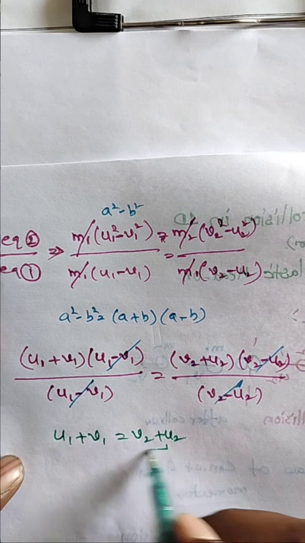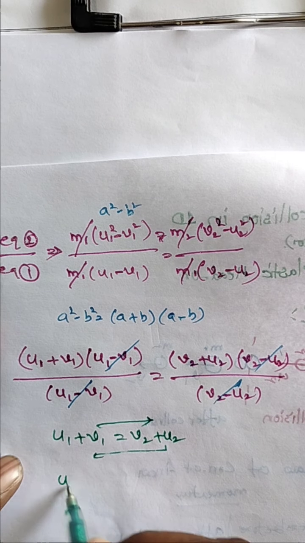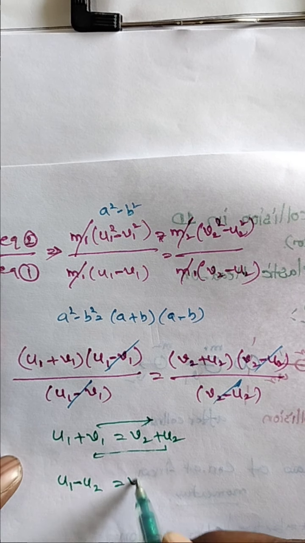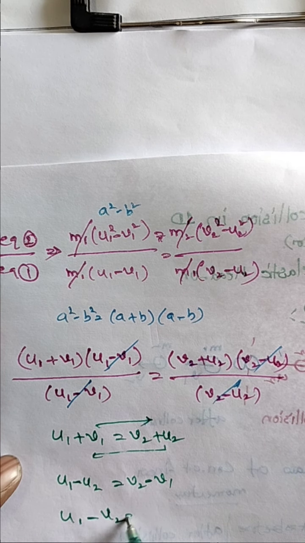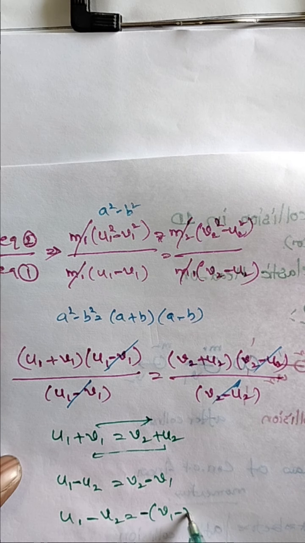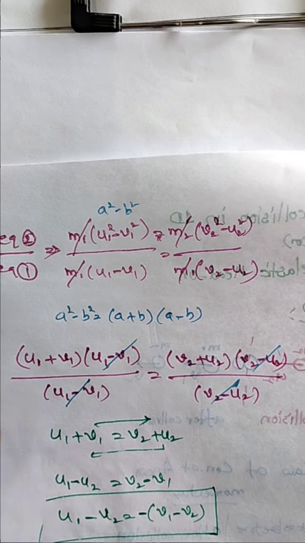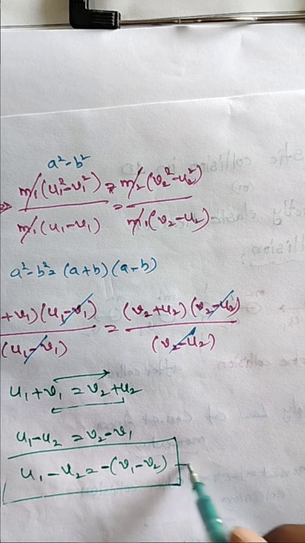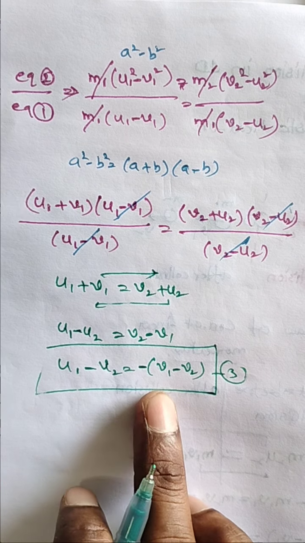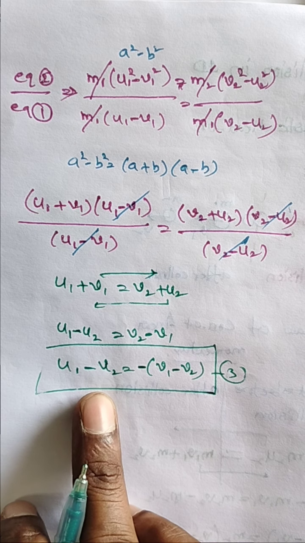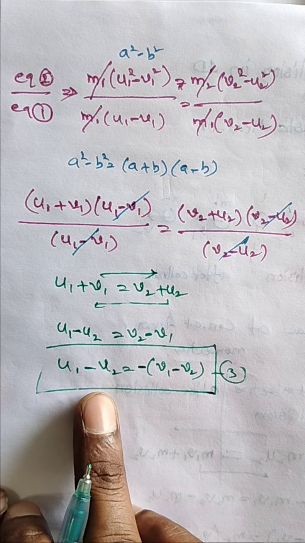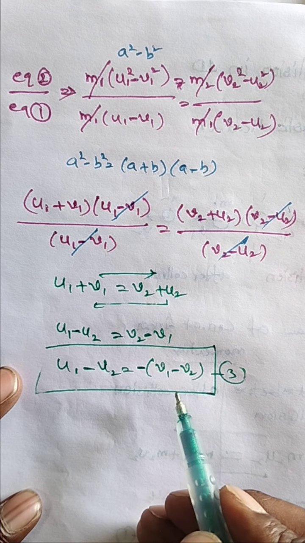Here u2 is coming to this side, v1 is going to the other side: u1 minus u2 is equal to v2 minus v1, or u1 minus u2 is equal to minus (v1 minus v2). So I am taking this as equation number 3. So what is your observation here? u1 minus u2 is equal to v1 minus v2. u1 and u2 are velocities, so that is relative velocity, and here also relative velocity.